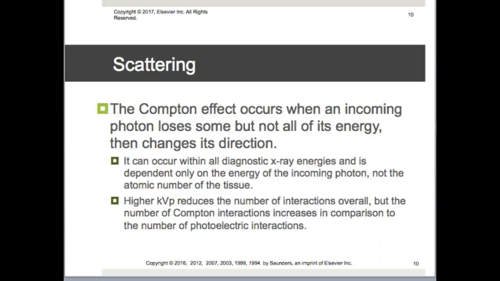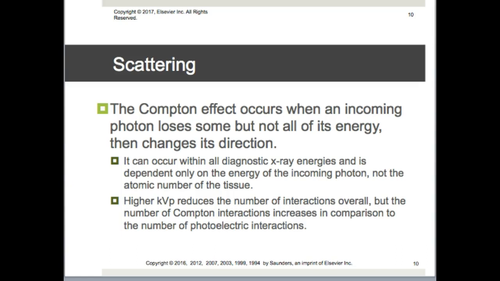Compton effect is scattering, and it occurs when an incoming photon loses some but not all of its energy and changes direction. It can occur within all diagnostic energies and is dependent only on the energy of the incoming photon, not the atomic number or the tissues. So the photoelectric effect is dependent on the density and the atomic number of the tissue, where Compton is based on the energy of the incoming photon.